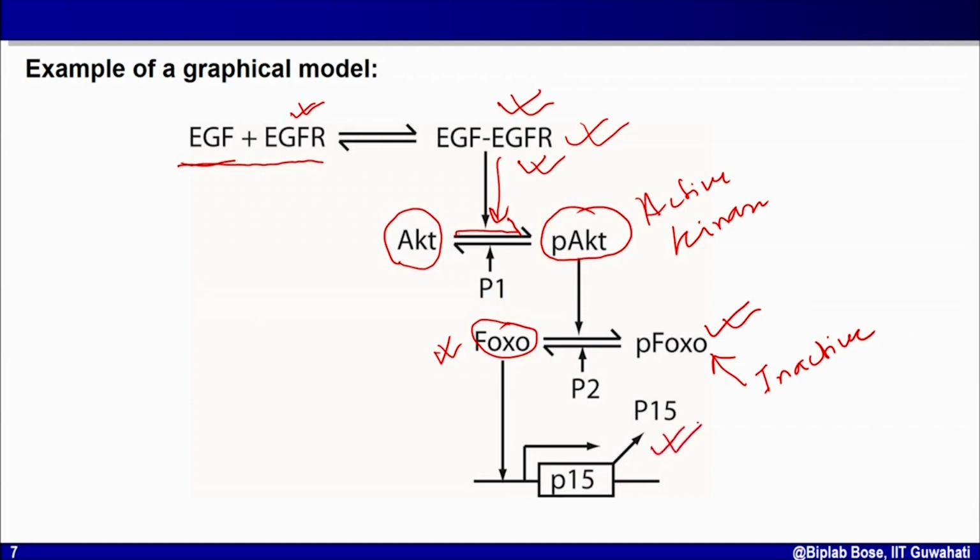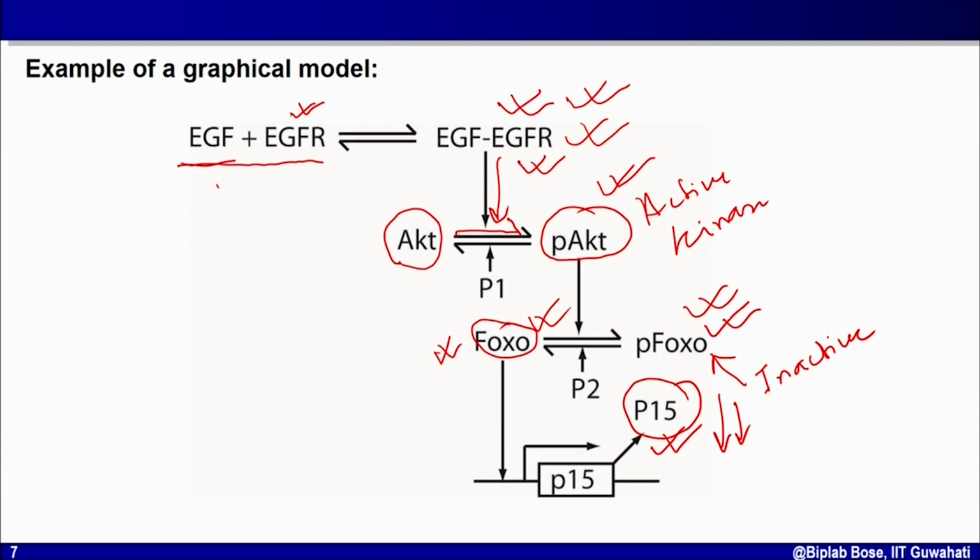So what is happening here? EGF is forming the EGF-EGFR complex that is triggering phosphorylation of AKT to PAKT. Once PAKT is formed, PAKT is an active form. So that is an active enzyme that phosphorylates FOXO to P-FOXO. Now P-FOXO is not active, so transcription of P15 will decrease.